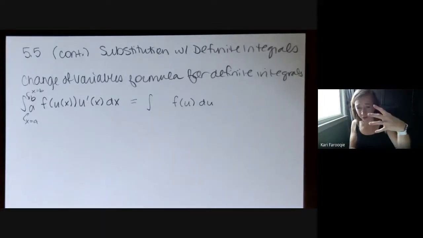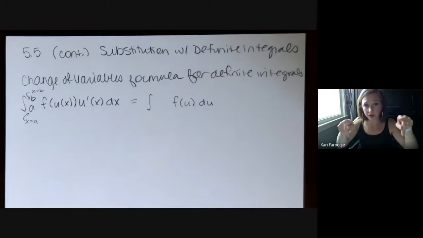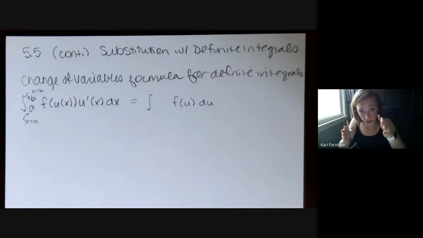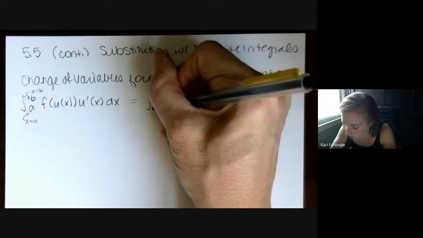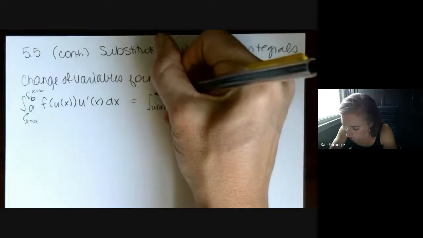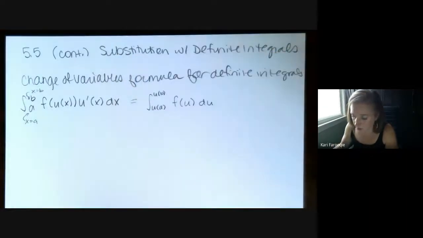We're talking about some function in x, looking at the area from some finite value a to another finite value b. When we're looking at u, we need to change our upper and lower limits of integration to correspond to our new function f of u. So what we need now are new upper and lower limits, u of a and u of b.